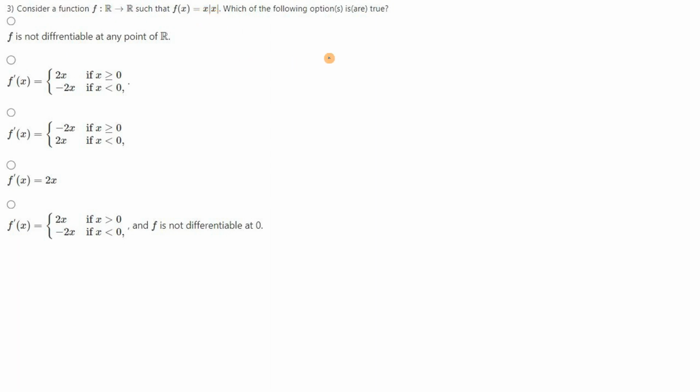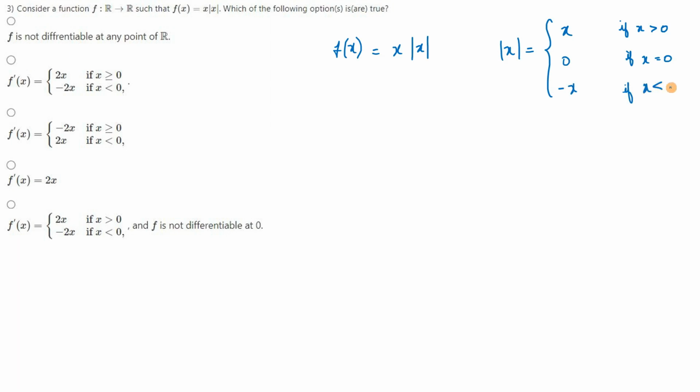Moving on, f of x is equal to x mod x. So this is the function given. If we recall, mod x can have three different values. It will be x if x is greater than 0, it will be 0 if x is equal to 0, and it will be minus x if x is less than 0.